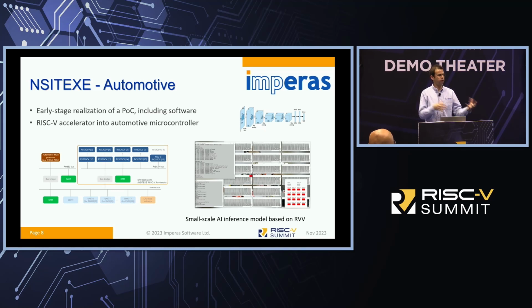They're adding some RISC-V accelerators to it, I think 16 RISC-V cores, and they're running a simulation with all of those running in parallel. They used it for early stage development of their software stack for an automotive microcontroller doing small scale AI inference. They're able to use the ISS to build this complex system and simulate it all in parallel very, very fast, so their software was ready ahead of their silicon.